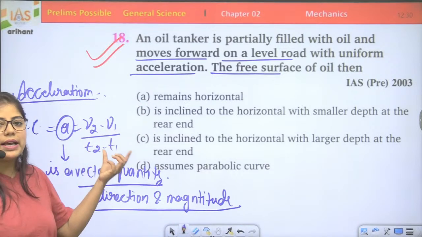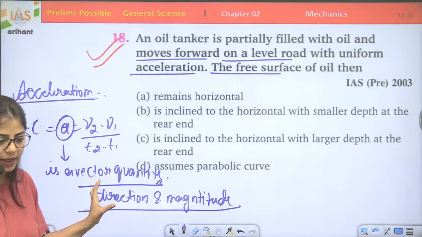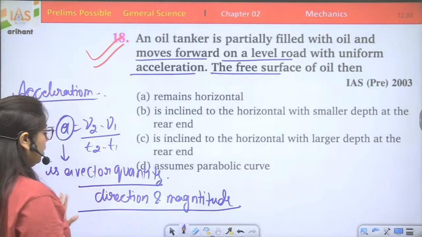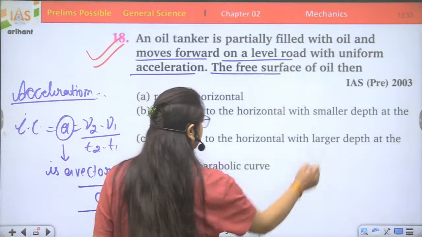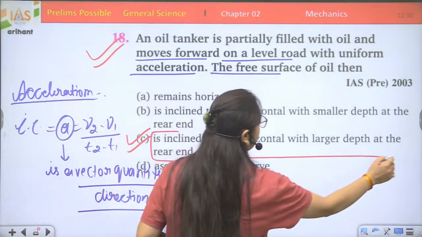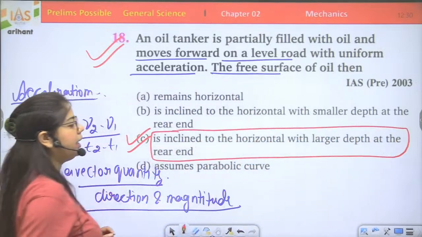Also, the unit of acceleration is meter per second square, right? Now, the right answer will be: is inclined to the horizontal with larger depth at the rear end.